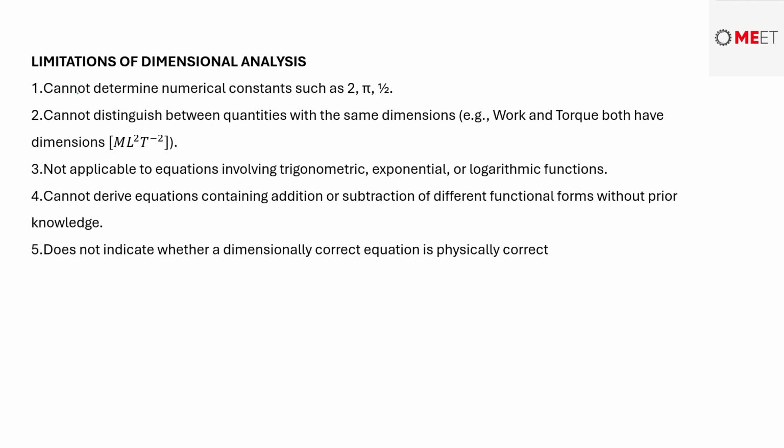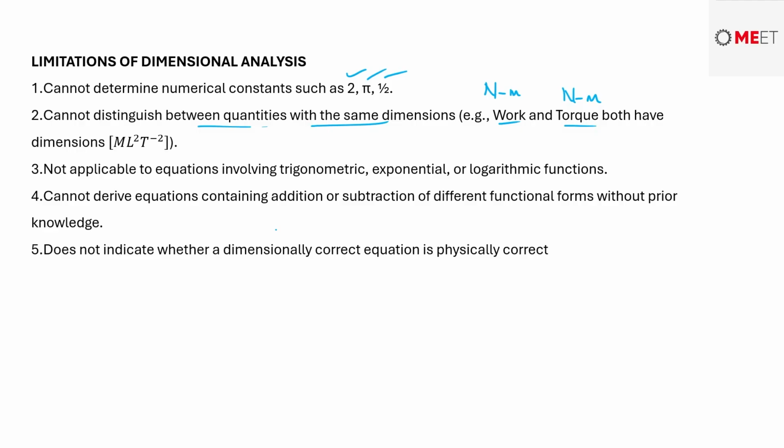Limitations of dimensional analysis. It cannot determine the dimensions of numerical constants such as 2, pi, half, and it cannot distinguish between quantities with the same dimensions. For example, torque and work are expressed in Newton meter, but both are distinct.